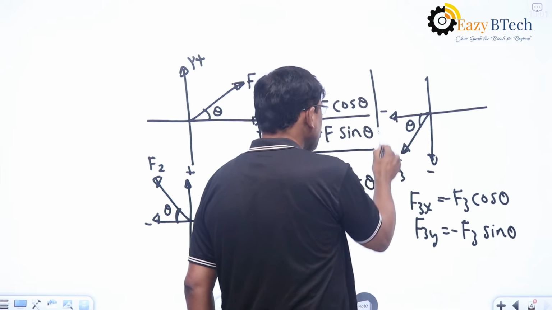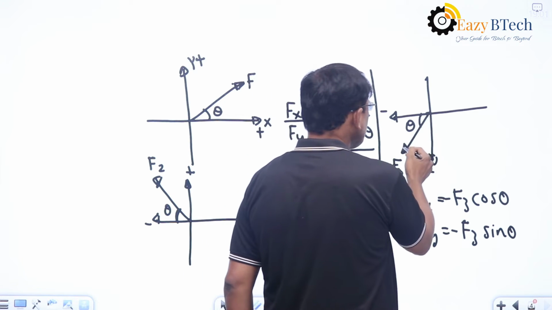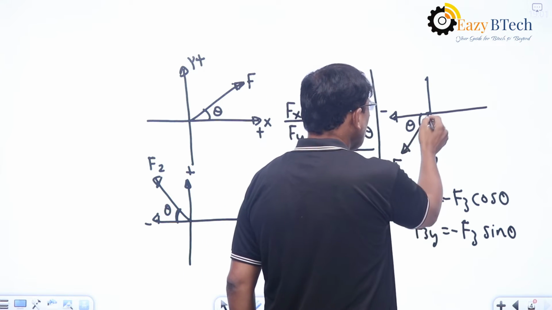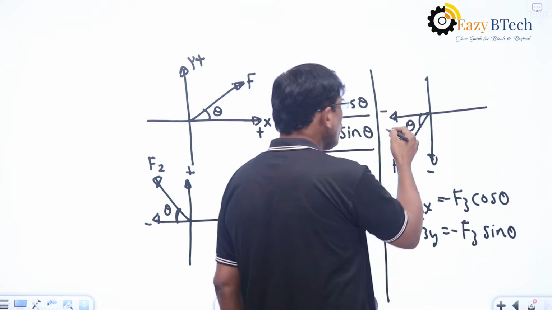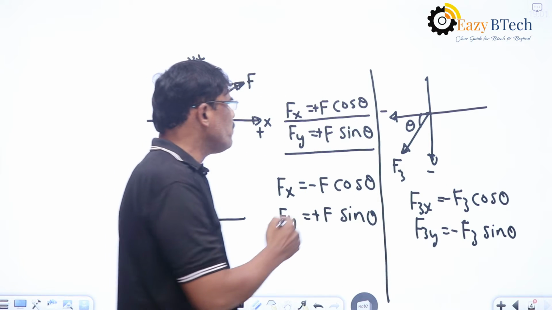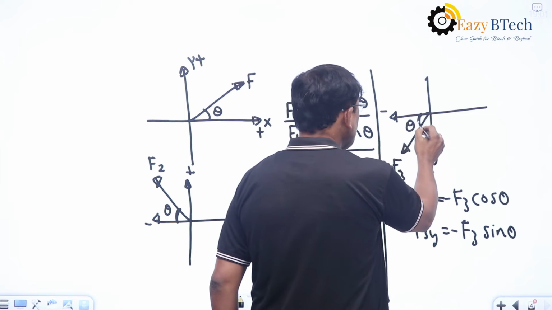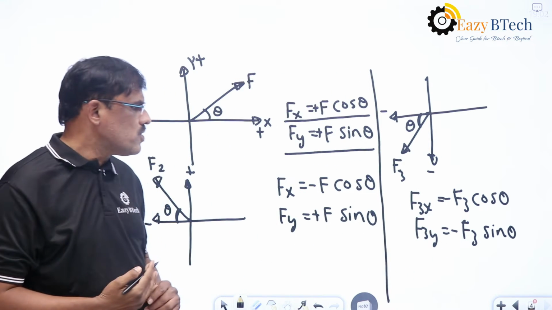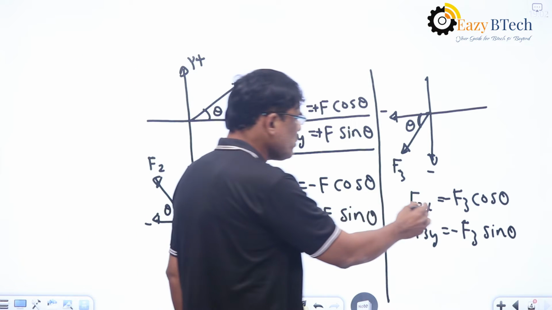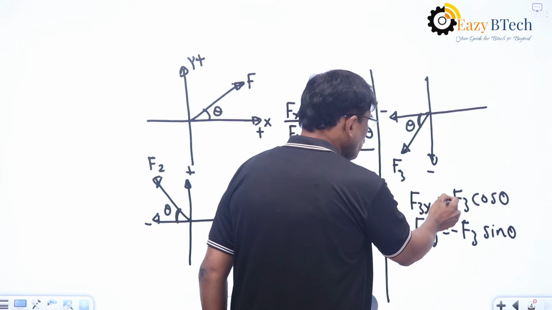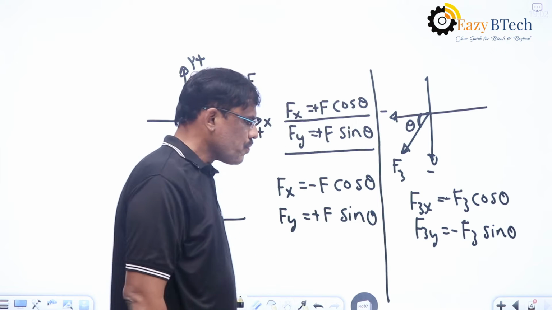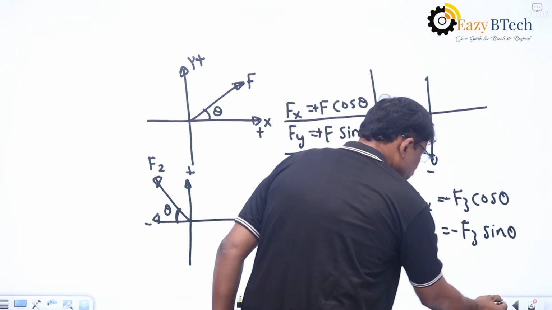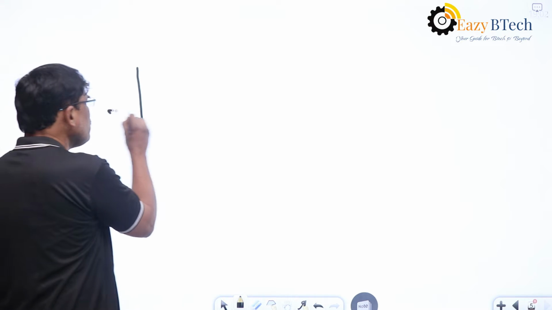And the third one here is the force acting in the third quadrant on the same xy plane, and now it is making an angle theta with the x-axis. F3x is equal to F3 cos theta, F3y is equal to F3 sin theta, but both are minus. Now take one more case on the same xy plane.